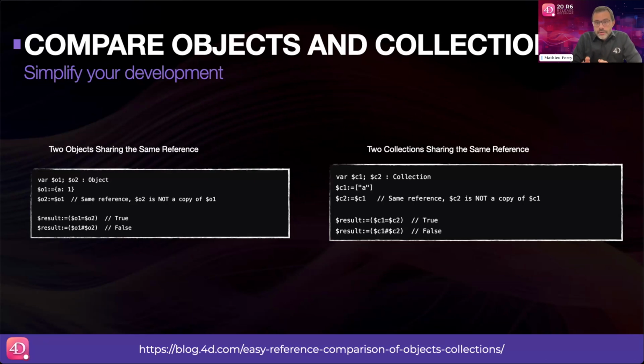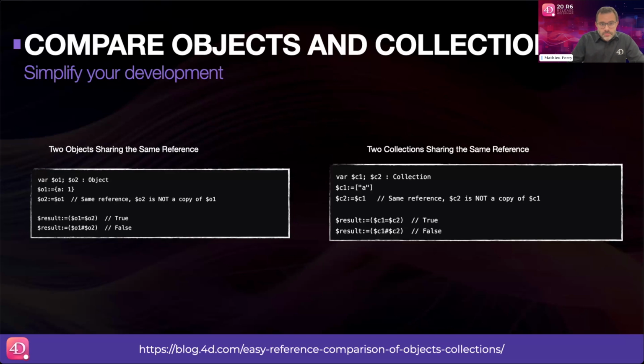Using these comparison operators, you can confidently assert their equality or difference. This applies also to collections, where the same principle holds. So on screen, you have quick examples. I think it's easy to understand. On the blog, more details as usual.